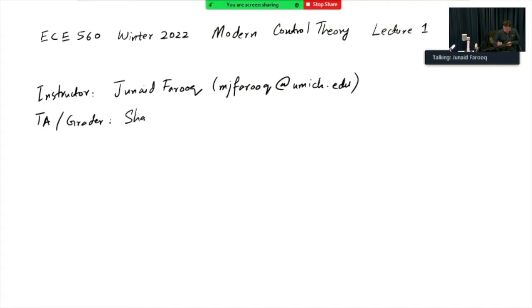His name is Shahid, and you can also refer to him if you need help, and he's also going to grade your assignments, so you may have to contact him based on the requirement. So his email is the following.